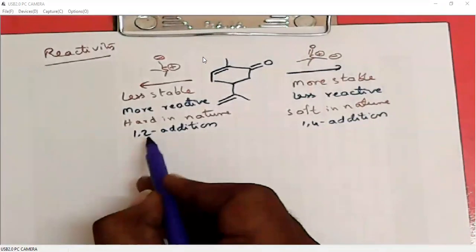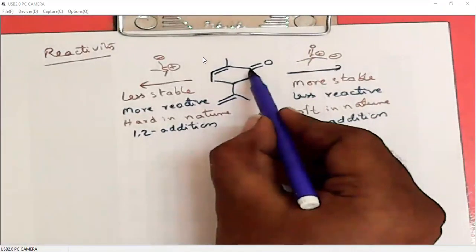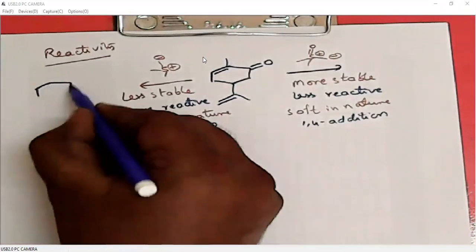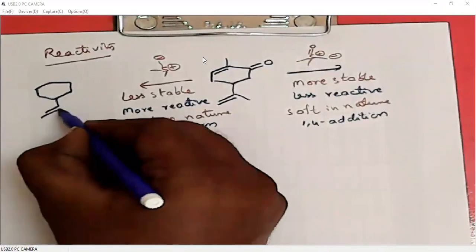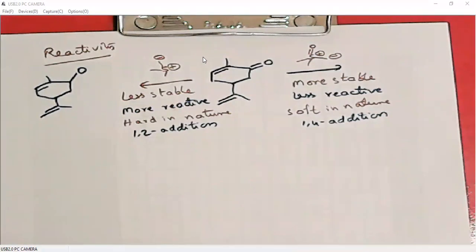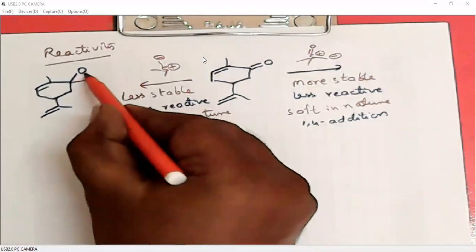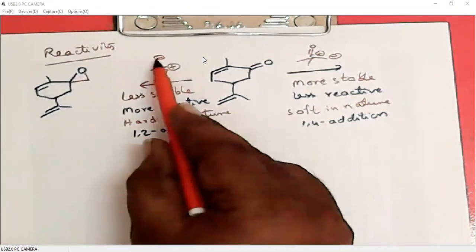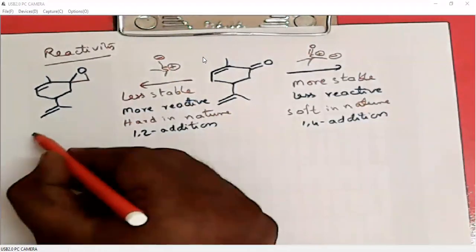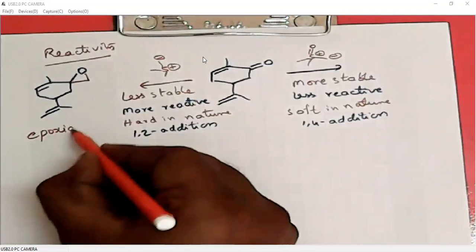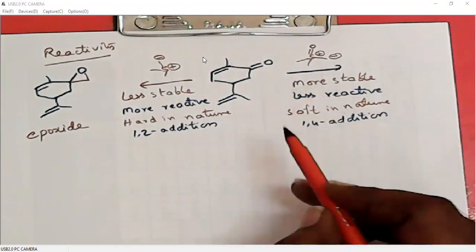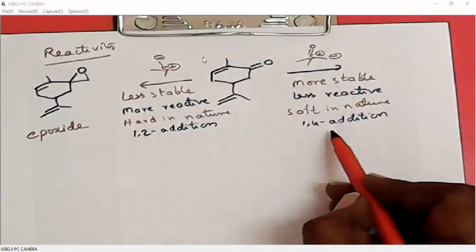So this undergoes 1,2 addition at the carbonyl carbon, and it generates an epoxide, with the methylene coming from the sulfonium methylide. Whereas dimethyl oxosulfonium methylide will undergo 1,4 addition.